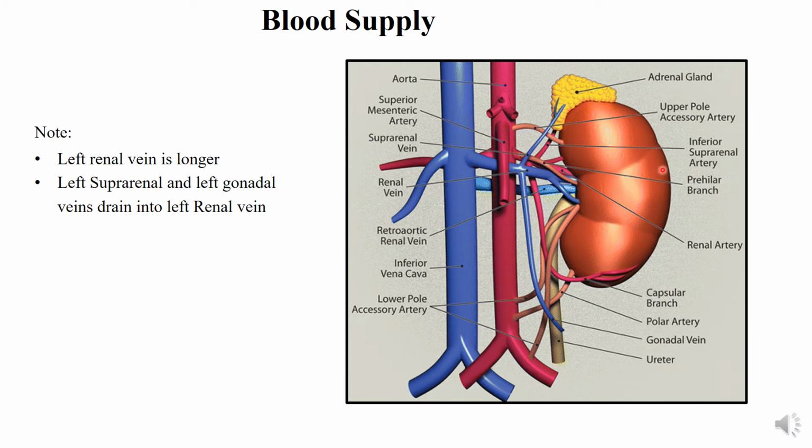So if we look into the left and right renal vein, we will see that the left renal vein is longer than the right renal vein, and you will see that the left renal vein is receiving the left suprarenal vein and the left gonadal veins.